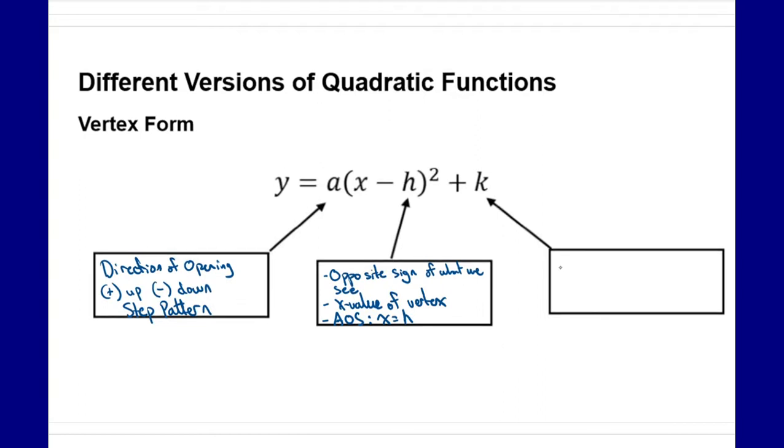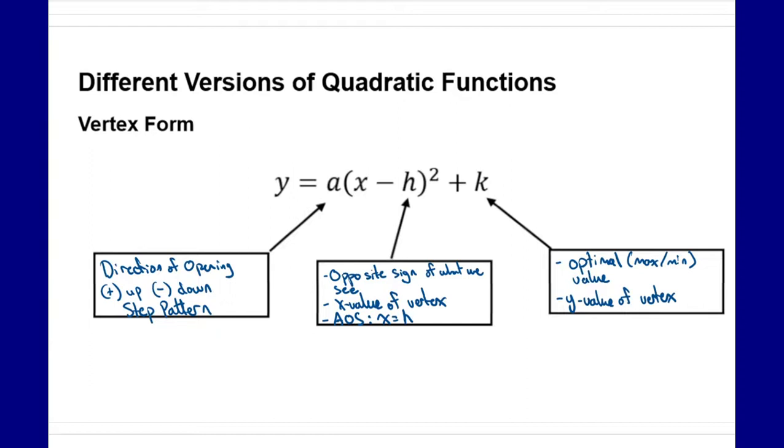The k value is exactly as we see it. We don't have to worry about opposite signs. The k value tells us the optimal value, and when we're talking about optimal, we're usually talking about max or min. It also tells us the y value of the vertex.